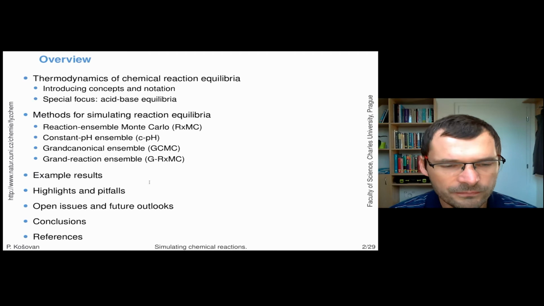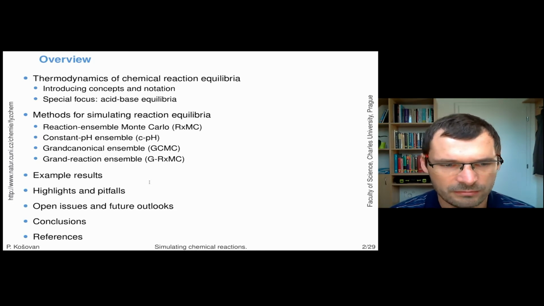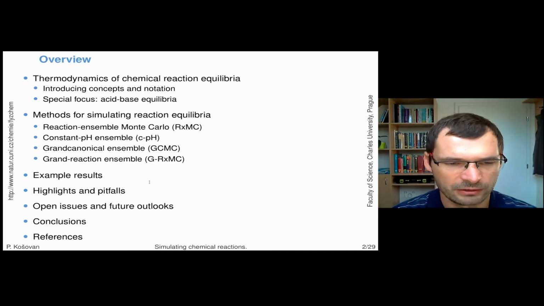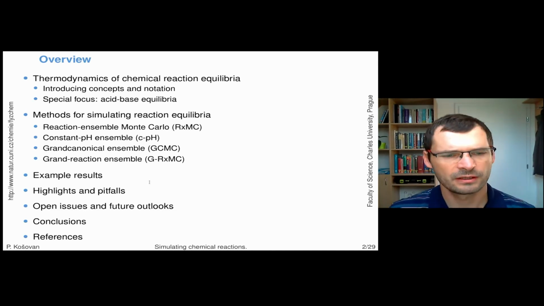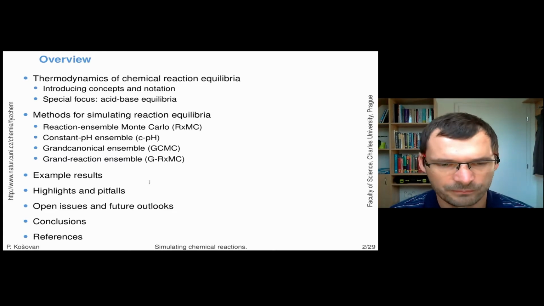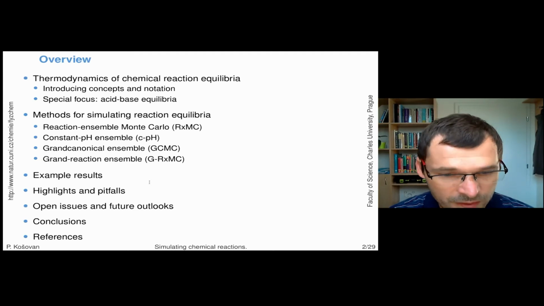In between, I will show various example results, experiments, or some ideal systems with which we will compare the simulations to show what we can do with that, but also to highlight various pitfalls that we encounter when using these algorithms, and we need to be aware of them in order to use them safely.